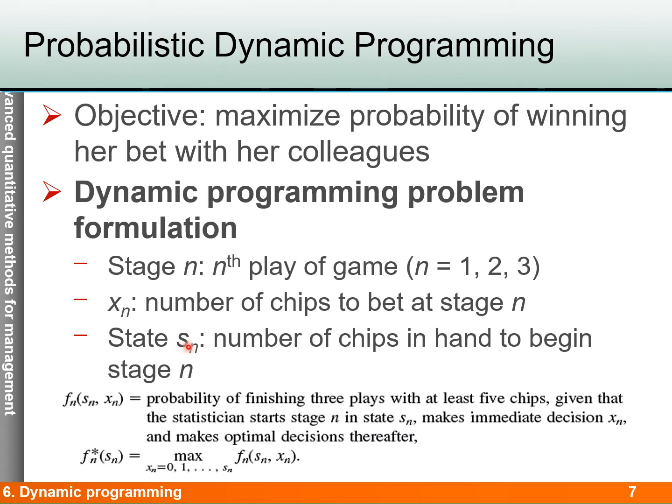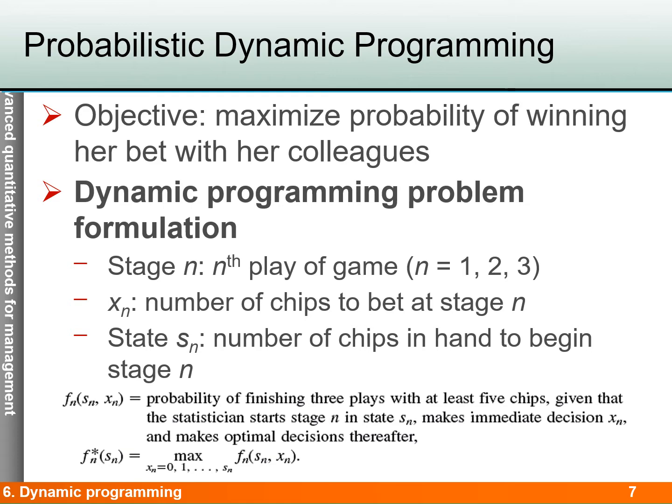And the state Sn is the number of chips in hand to begin stage n. For sure, when she plays round 1, what she has available in round 2 comes exactly from round 1. And with this idea, what she has when she finishes round 2, she takes into round 3.